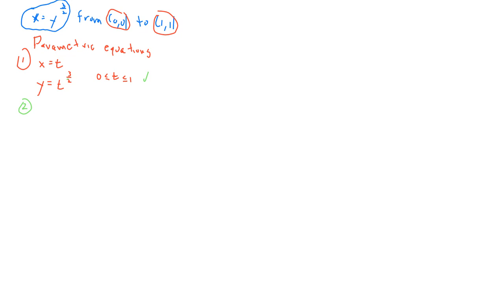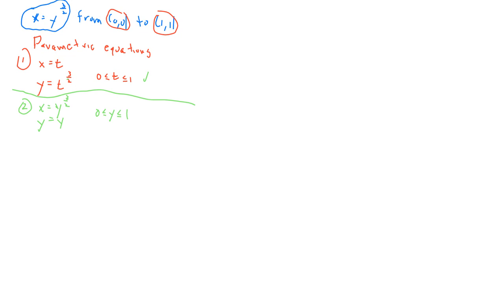Another set of parametric equations is this. If you let y equal y, then x would equal y to the 3/2 power, and y is between 0 and 1. You don't have to have t as your parameter.